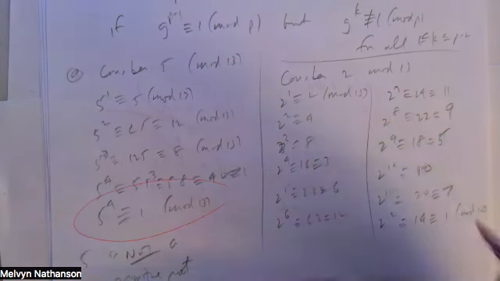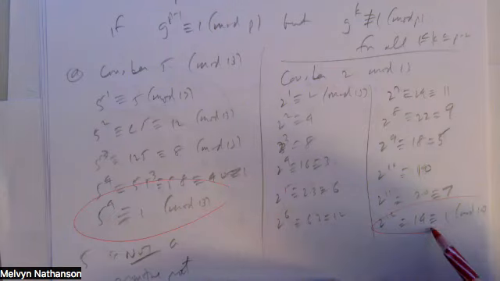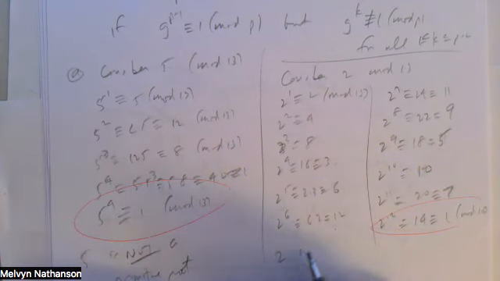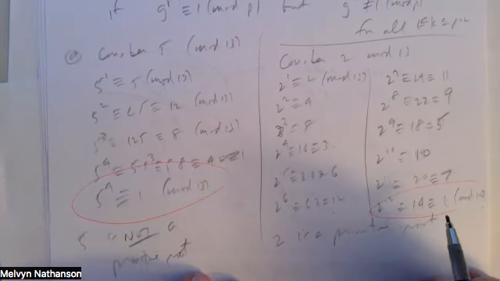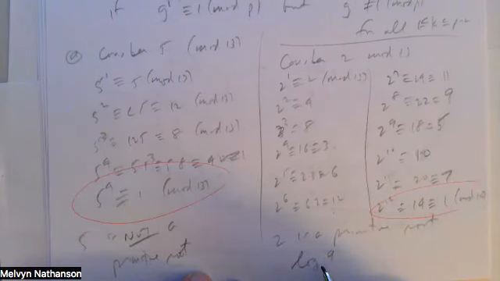So the first power of 2 which is congruent to 1 mod 13 is 12. All the smaller powers of 2 are not 1 mod 13. So therefore, 2 is a primitive root. And since I already have this table, if I want to find the discrete logarithm of 9 with respect to the primitive root 2 for the prime 13, what power of 2 is 9?